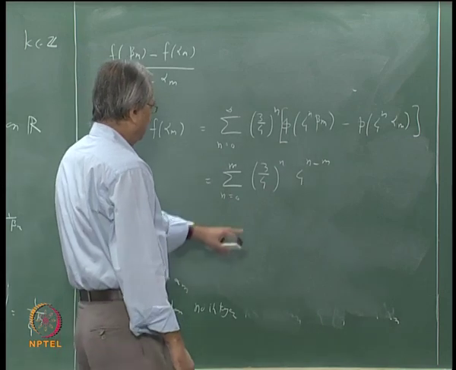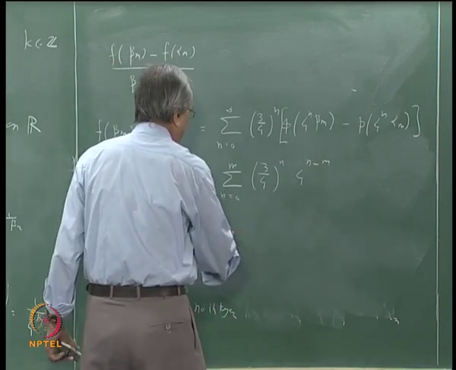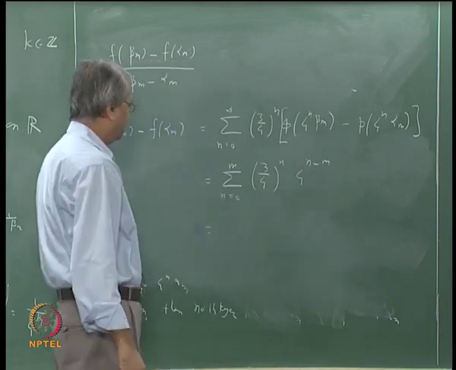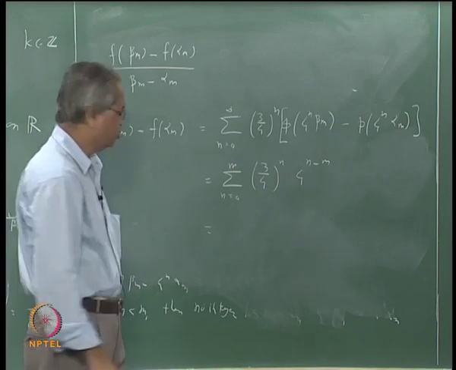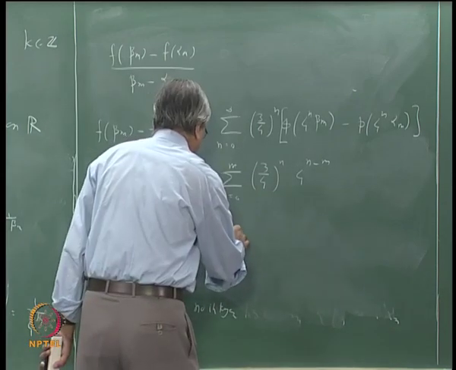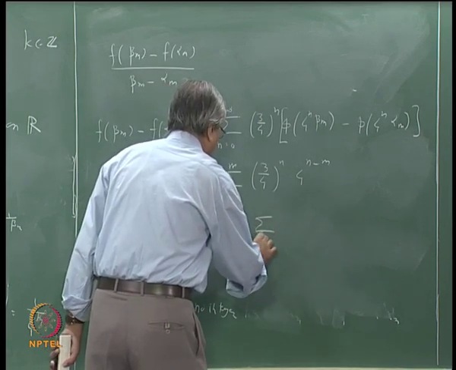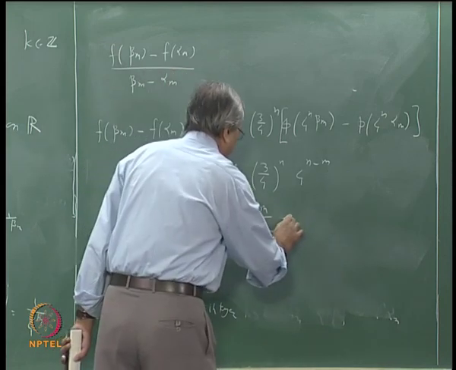And this 4 to the power minus m we can take outside the summation sign, because the sum is with respect to n. So this is the same as 4 to the power minus m into sigma n going from 0 to m 3 to the power n, right.